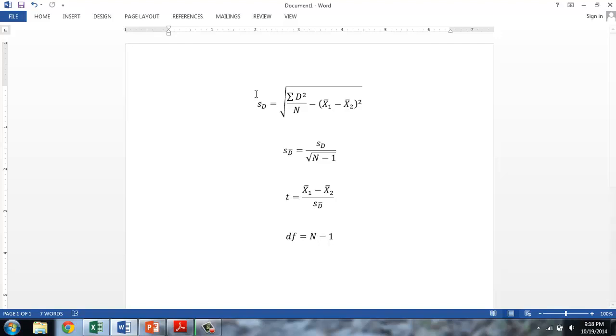Instead of calculating the standard deviation for each sample and using those in our formula for the standard error, we now use D. D is the difference between before and after for each observation. As you can see in the formula, we want to square these differences and sum them.